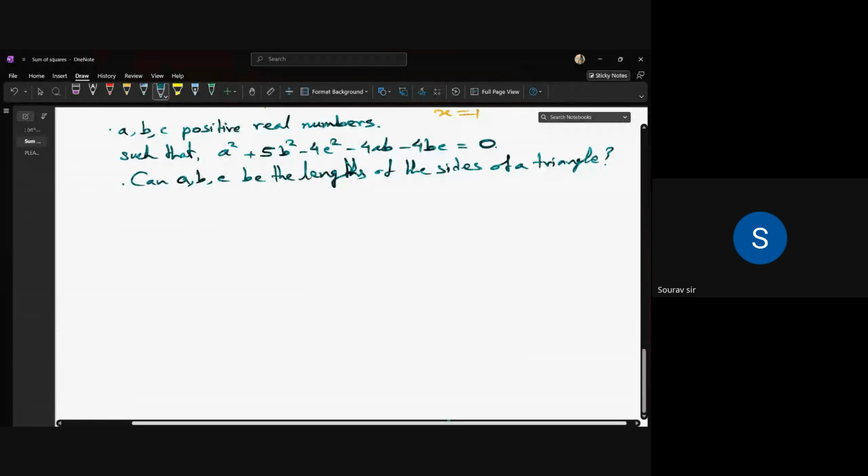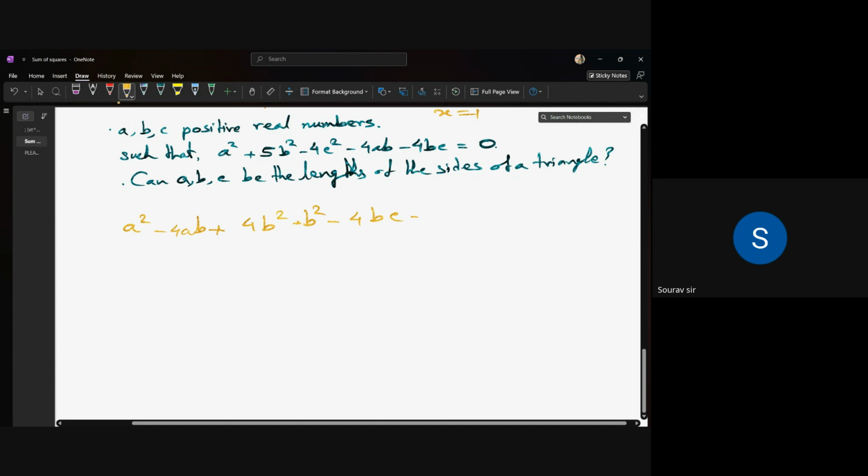So basically, we will have here a square minus 4ab plus 4b square, then b square minus 4bc.